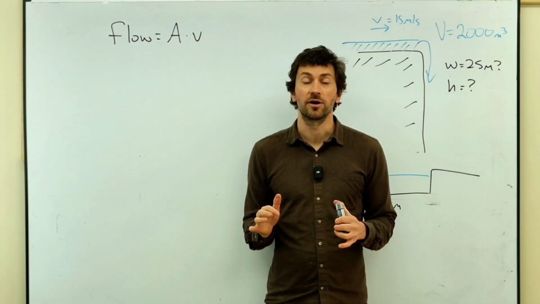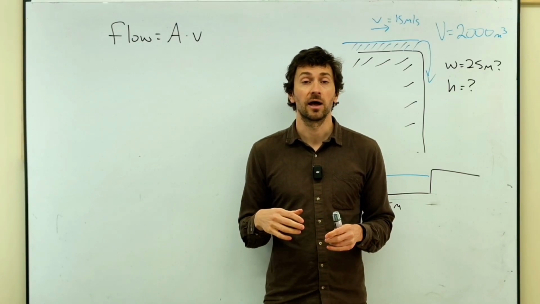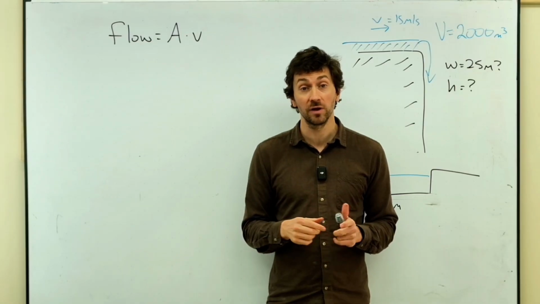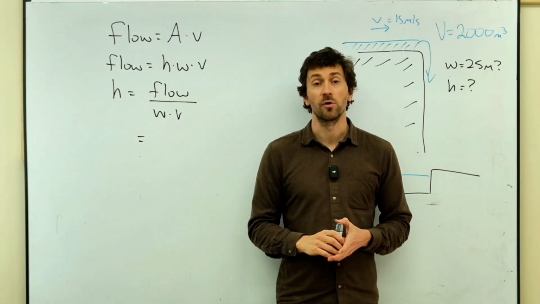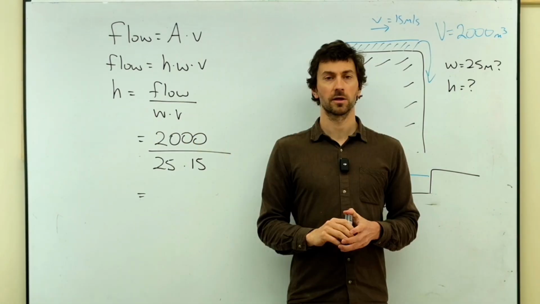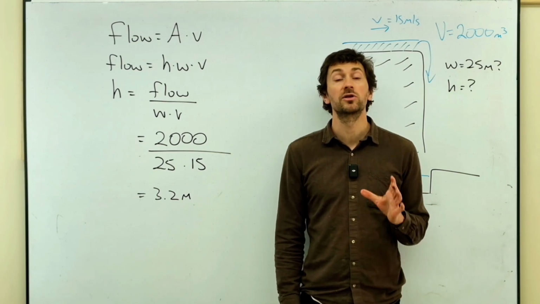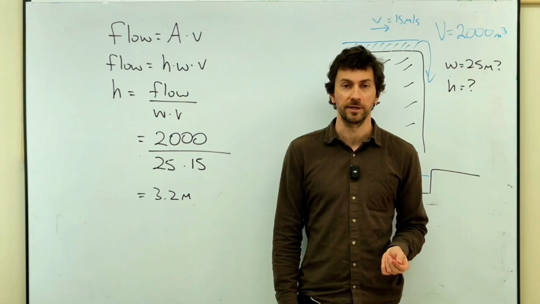The flow of the water is the cross-sectional area times the velocity. Now, for area, we're going to go height times width, and we know the velocity. So we can solve for the height. And there we go. The flow is the 2,000 number, and we can plug everything in. So what's the height of the water going to be? The height of the water is going to be 3.2 meters. That's how tall or deep the water is going to be.